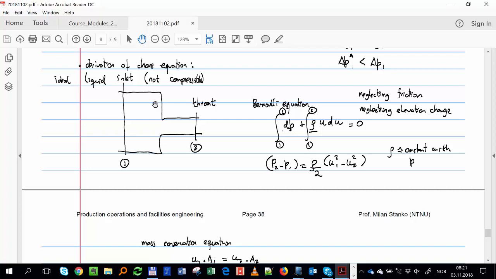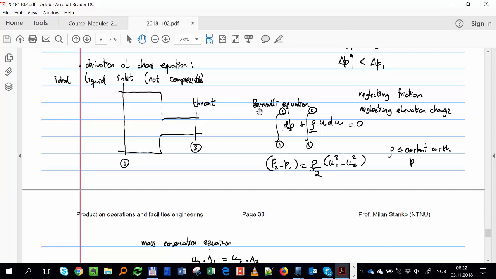You have two phases, or you have gas. Okay, so this is not so common, but it's interesting to see how the model is derived. Okay, how almost every choke model is derived. And it's derived by, you say, one point upstream, 1, and then one point downstream at the throat.